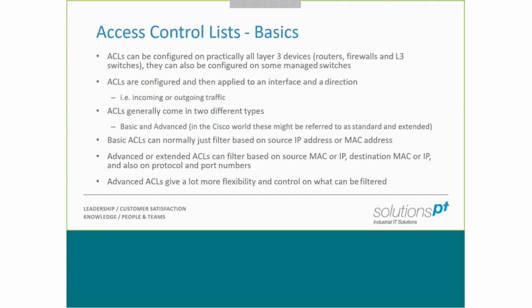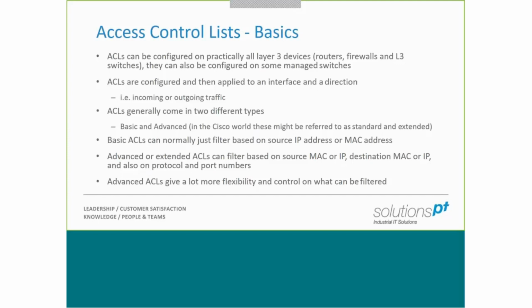So with a basic ACL in the Cisco world, we cannot filter by the destination address, and we can't filter by protocol port, that kind of thing. They are very basic, which is good in that they're easy to administer and there's potentially less to go wrong, but they're not as flexible. We're limited as to what we can do with them.